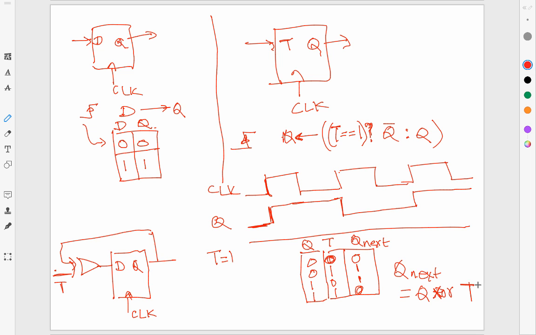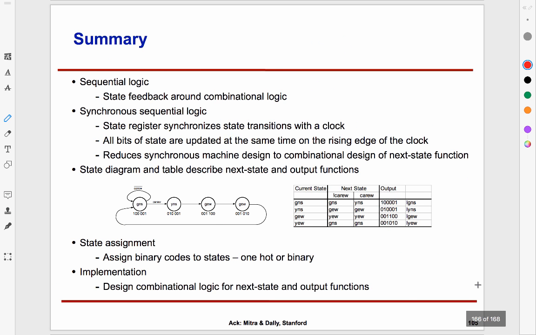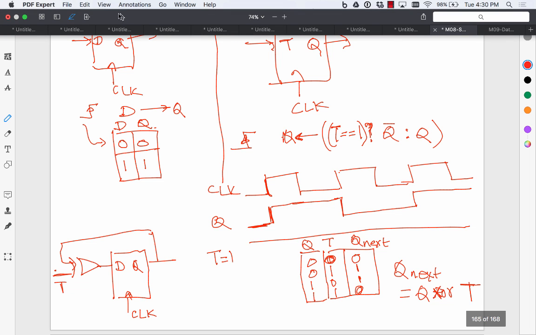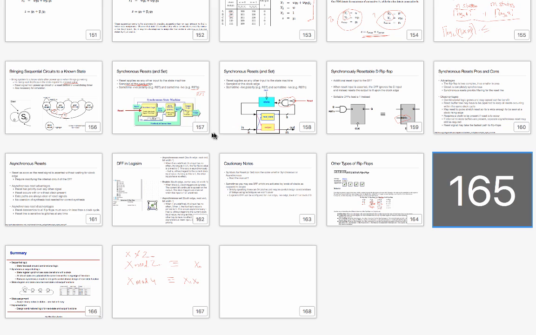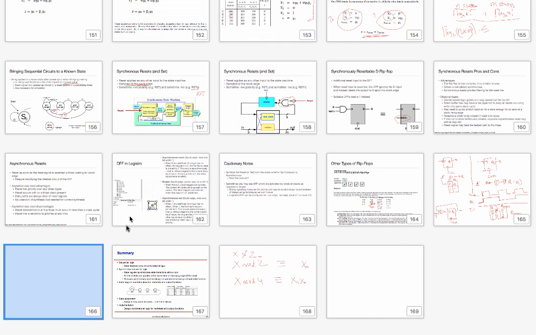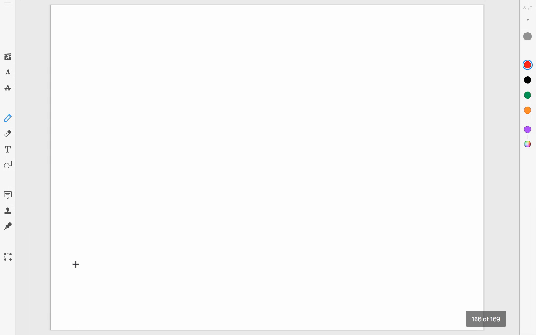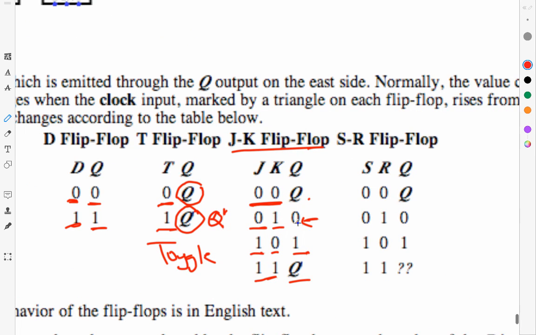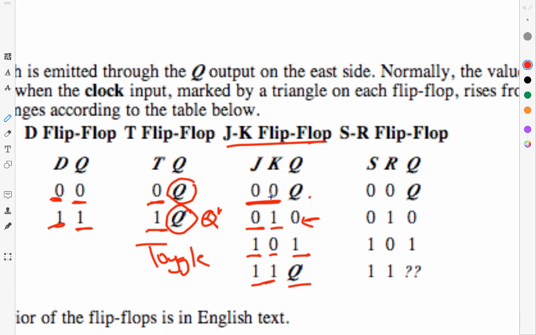There are two other flip-flops. There is one called JK, and if you look at the definition of JK, it has two inputs now.